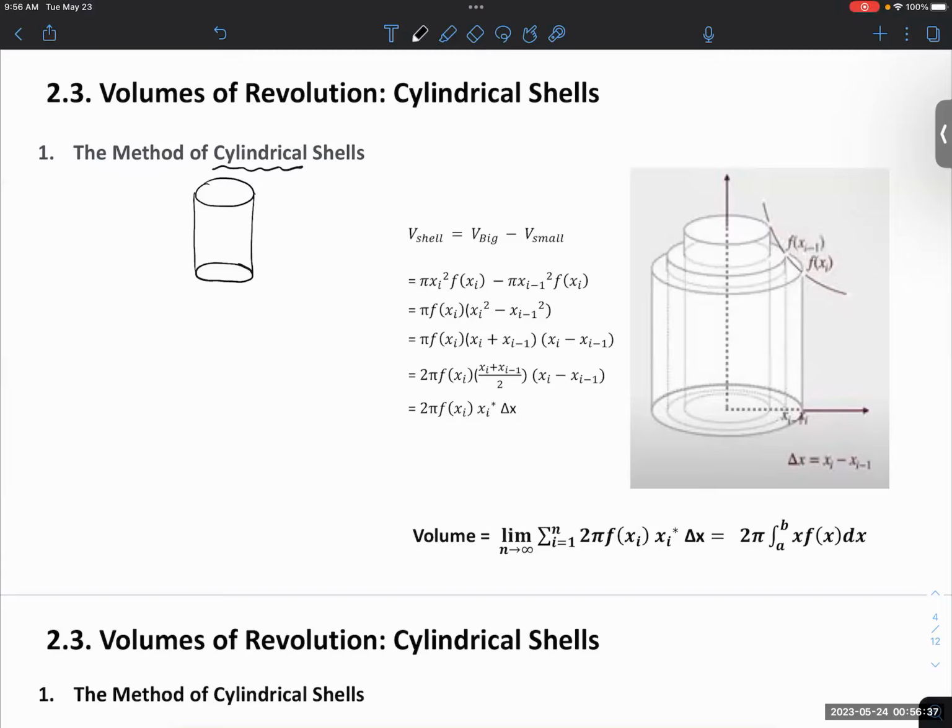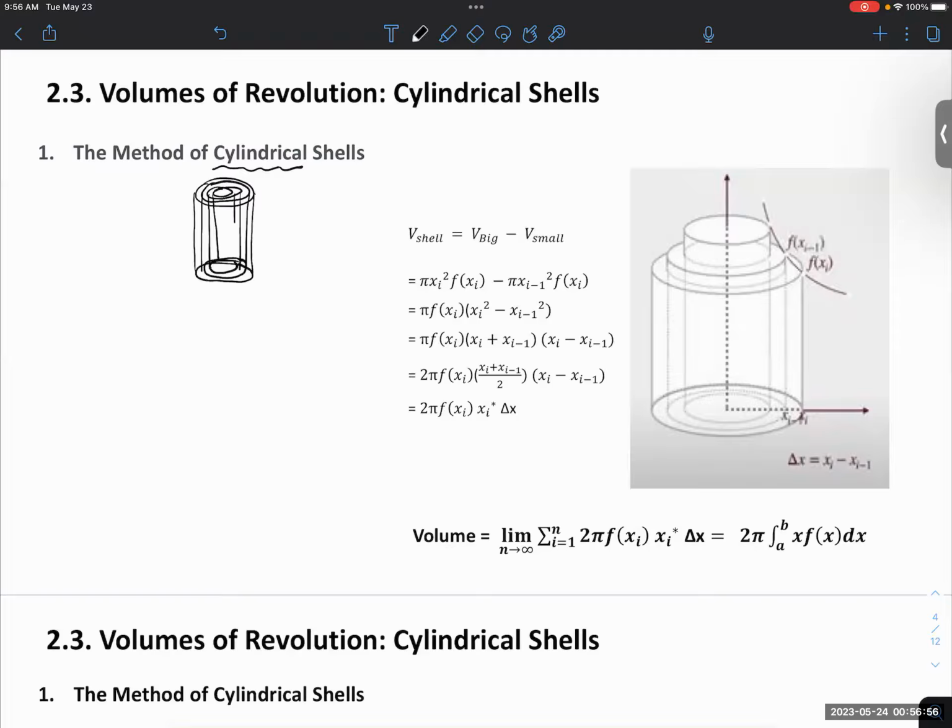So if you add them up, you can find the volume. But here I'm going to introduce another perspective. What if we add up infinitely many shells inside of this cylindrical shape?